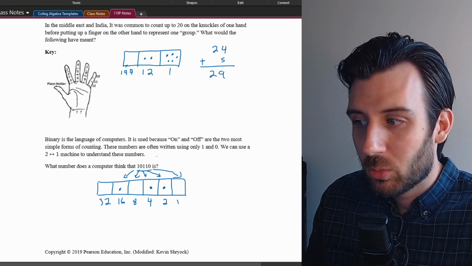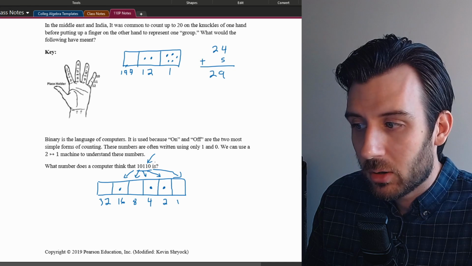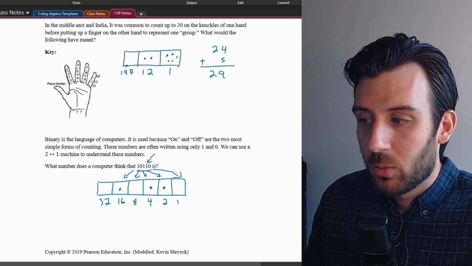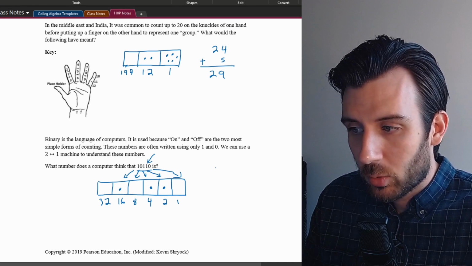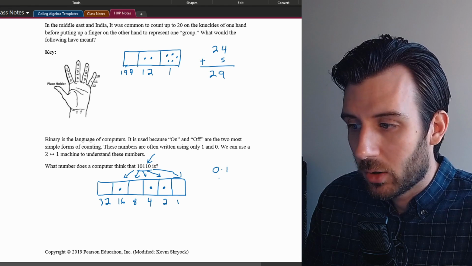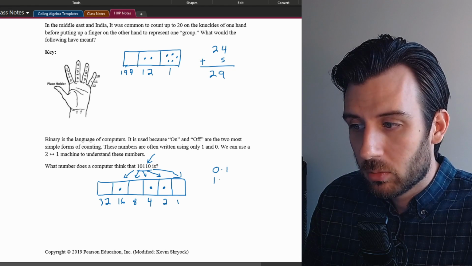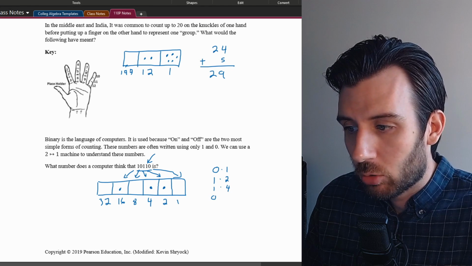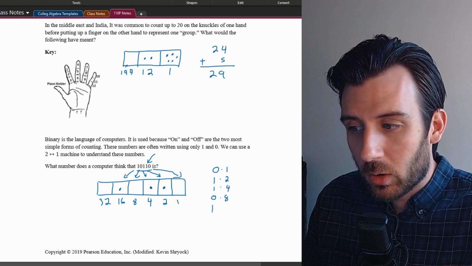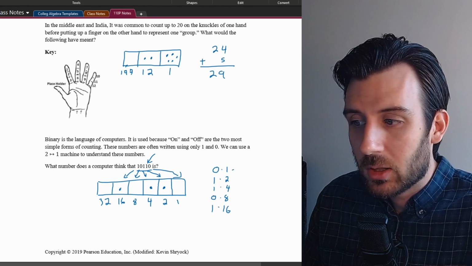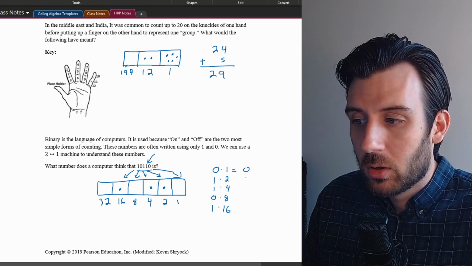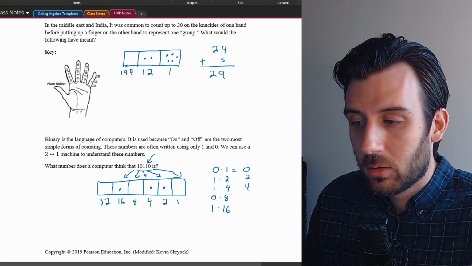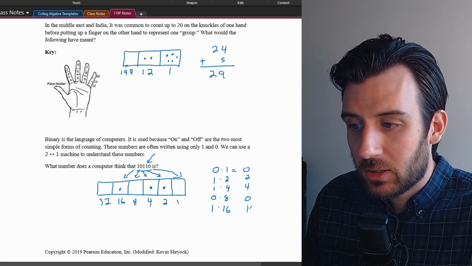Let's see what a computer would think that this number actually means. Well, there would be no groups of 1. So I'll do 0 groups of 1. I would have 1 group of 2. I would have 1 group of 4. I would have 0 groups of 8. I would have 1 group of 16. That would get me 0, 2, 4, 0, and 16.